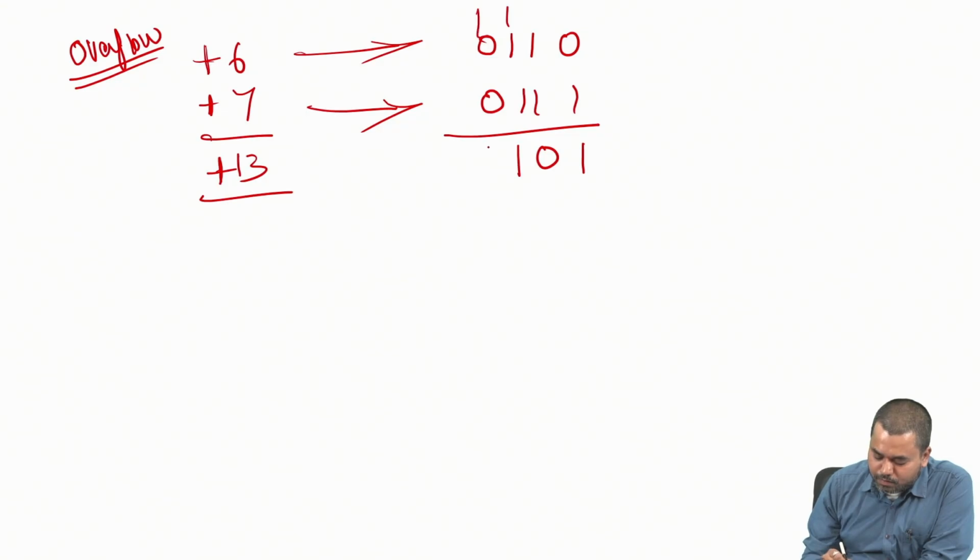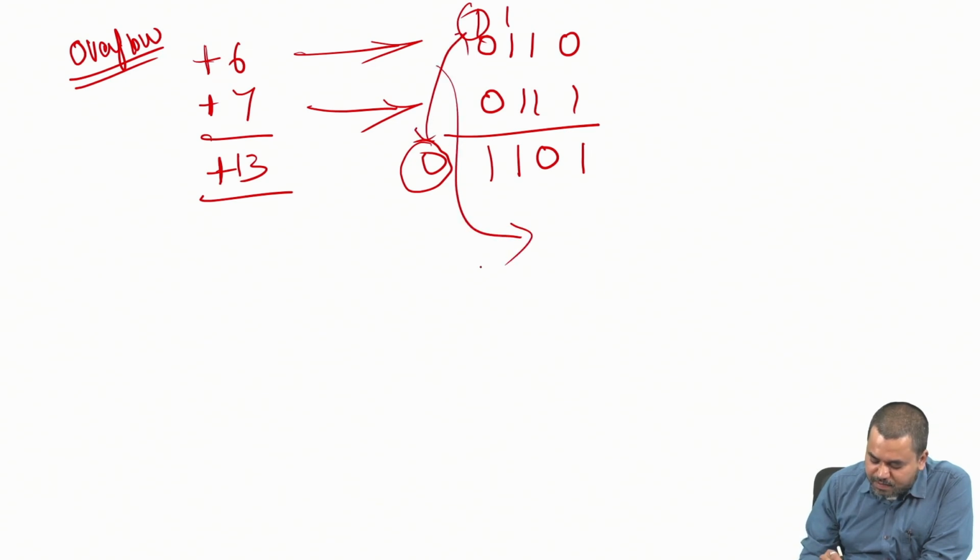Here you can observe that the carry out and the carry into this bit are not equal. So this indicates an overflow condition.